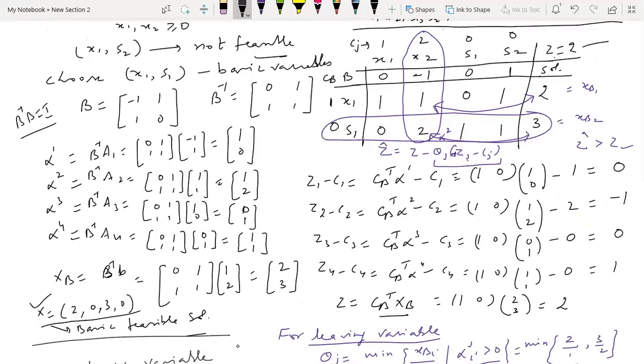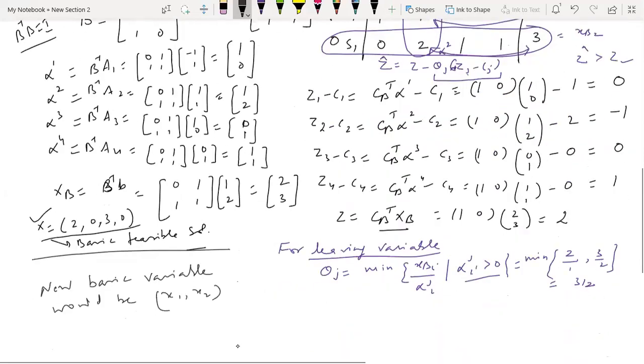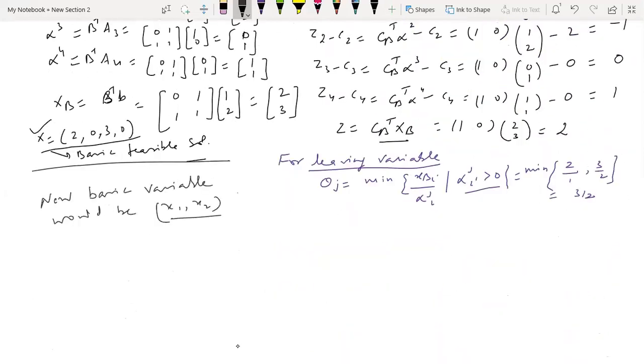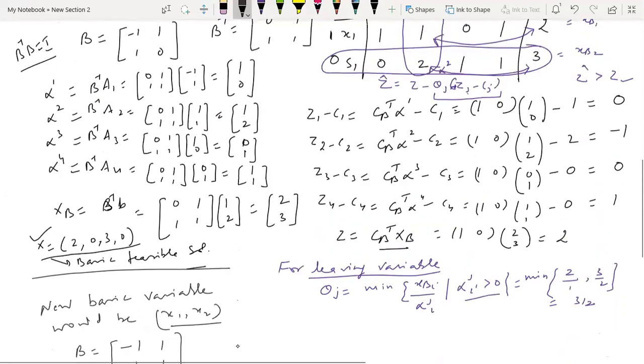Now we have to follow the same procedure. You choose the basic variables x1, x2, then again construct the basis matrix corresponding to x1, x2. What is the basis matrix? The column of x1 is minus 1, 1, and the column of x2 is 1, 1. Again you calculate B inverse, then alpha j, and this table.